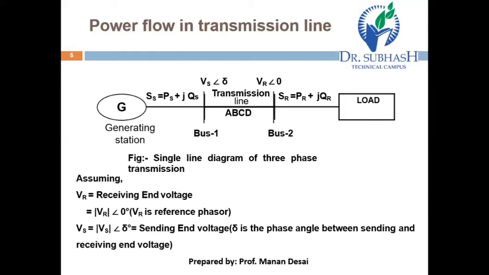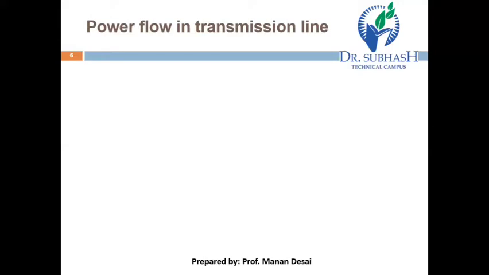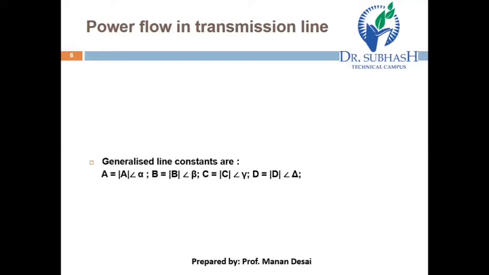So the reference phasor is at zero angle, but while we send the power from sending end to receiving end, VS has some angle, which is the load angle, or phase angle between sending end and receiving end.